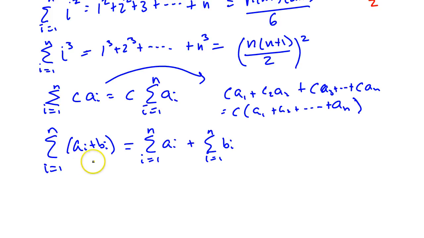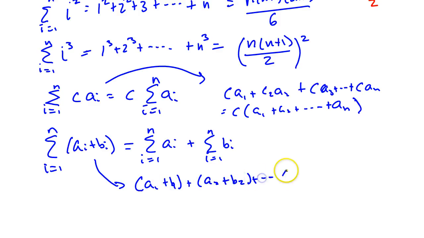Again, this piece over here means a1 plus b1 plus a2 plus b2 plus all the way up to an plus bn. Well, this is all addition here, and so it doesn't matter how you have them grouped or what order you put them in.